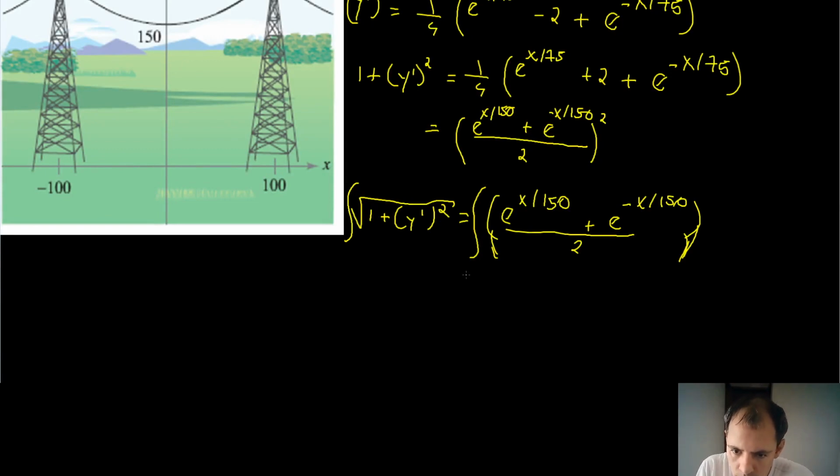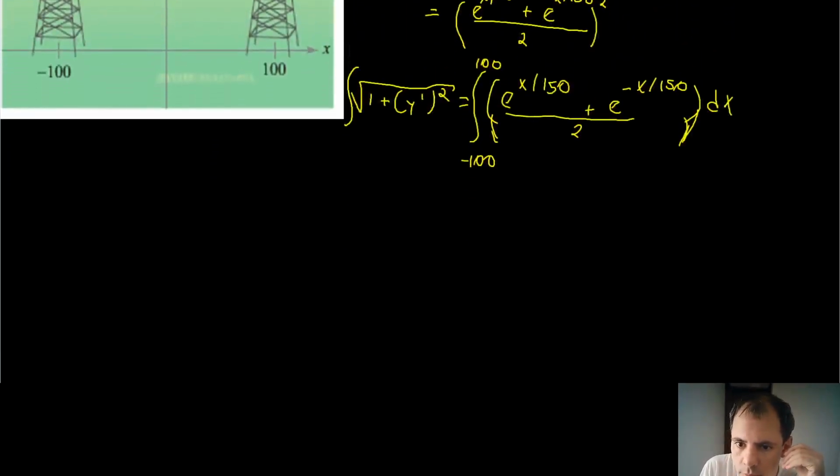Yeah, it'll be dx, right? And it goes from minus 100 to 100. So this 2, I'm going to take it out of the integral because it doesn't matter. Now I integrate this thing.